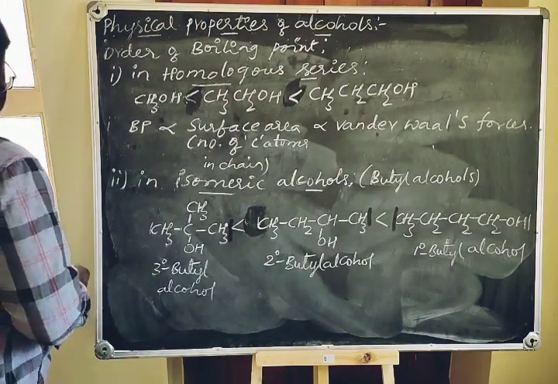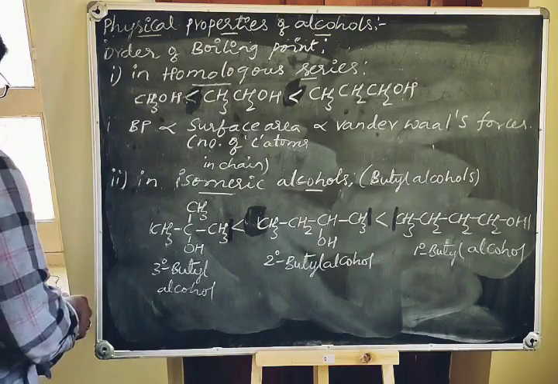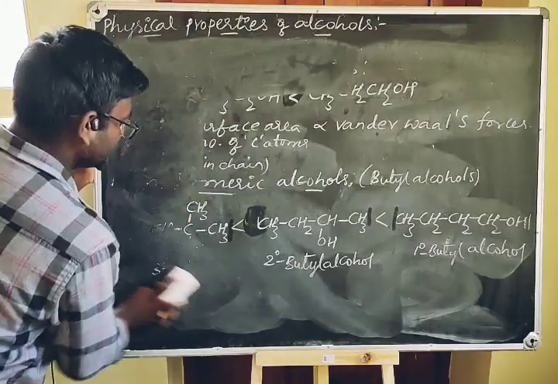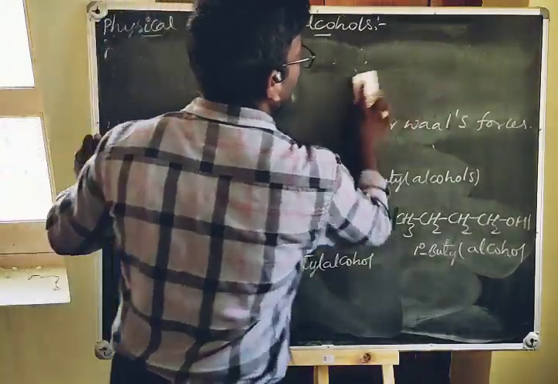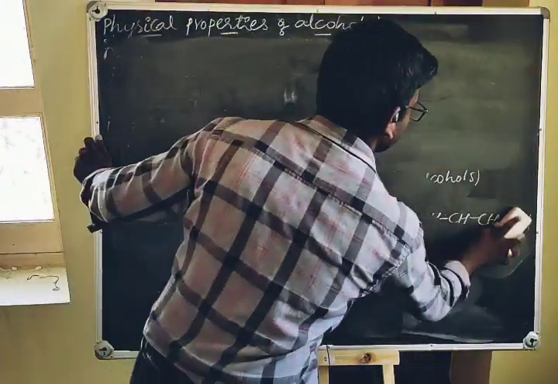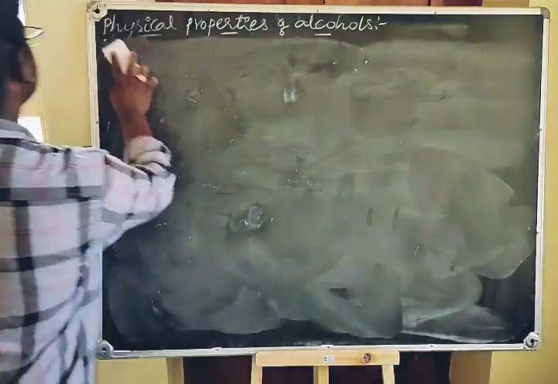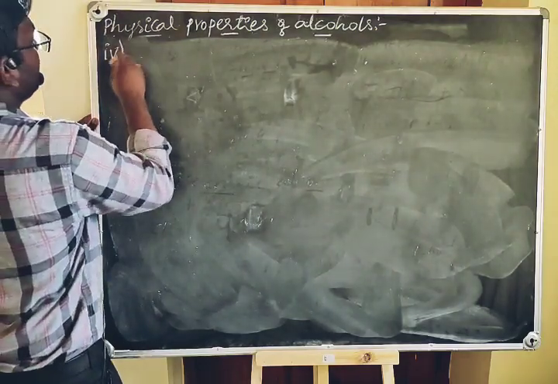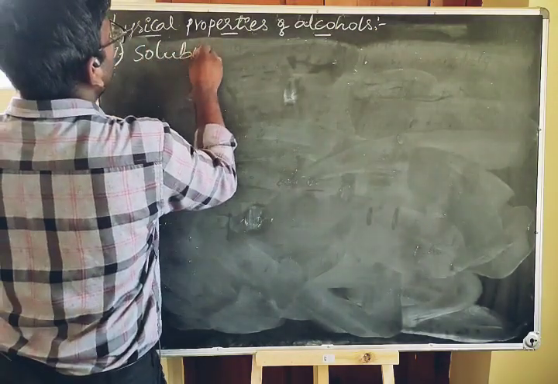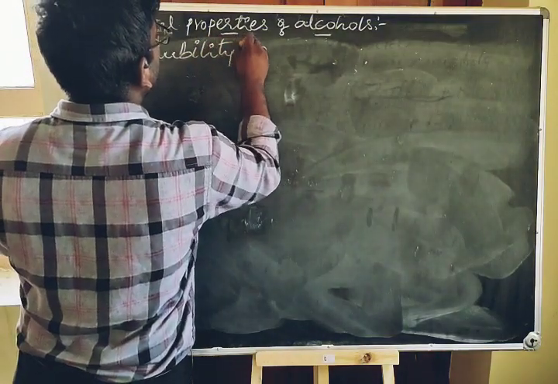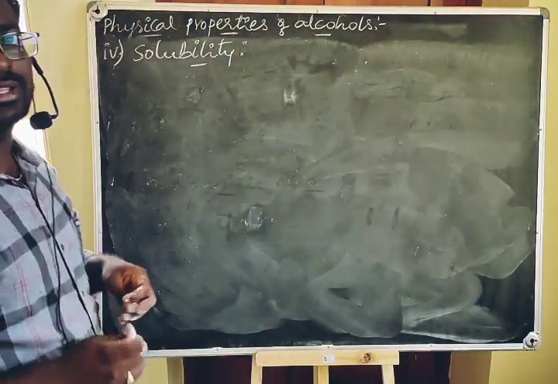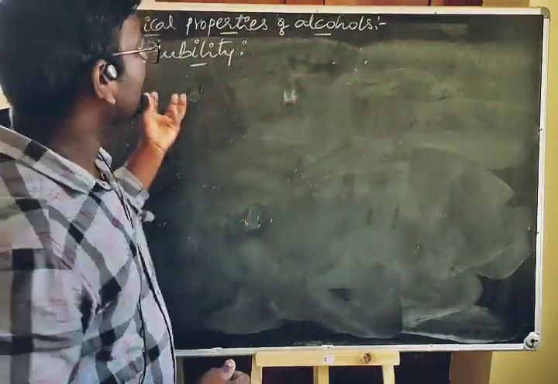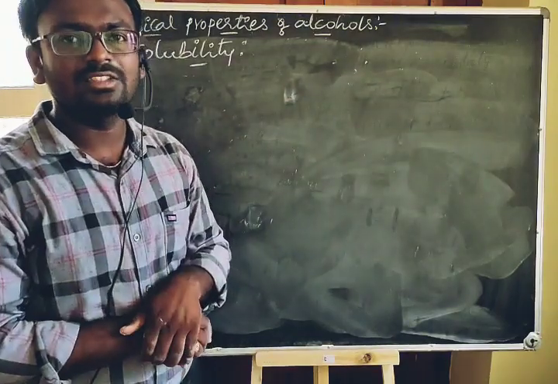Okay, next, another property is solubility. Another property of alcohols is their solubility. When it comes to solubility, there are two types: whether we are talking about solubility of alcohols in water or solubility of alcohols in other organic solvents.